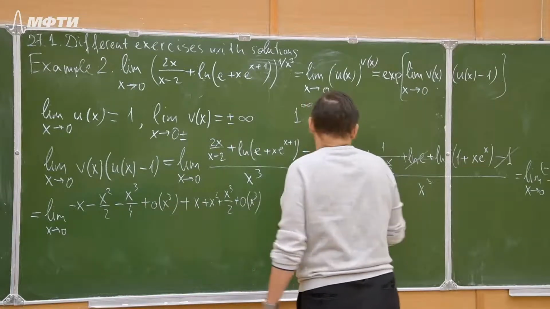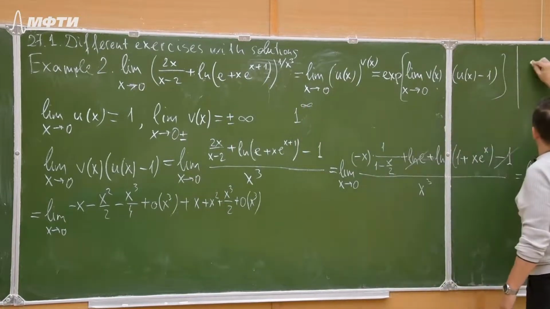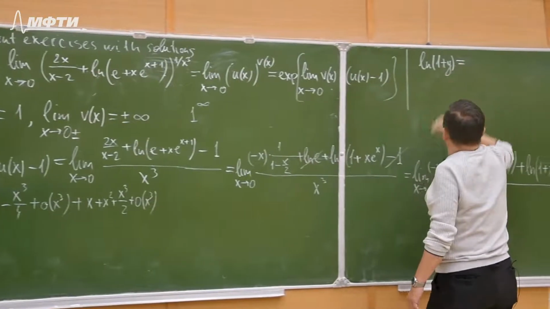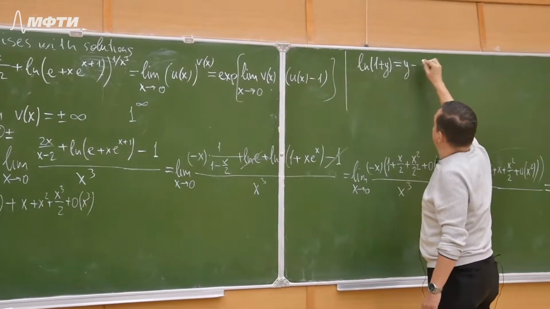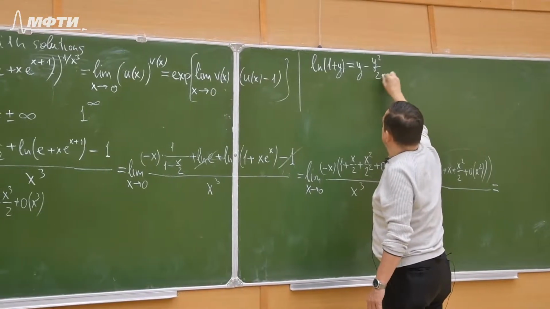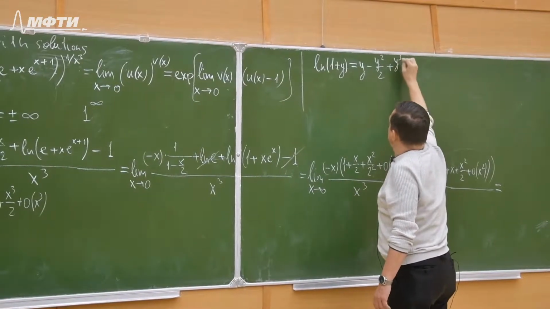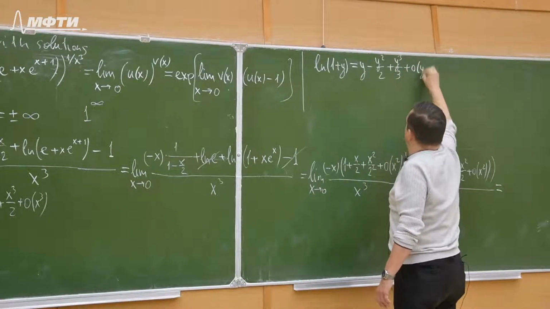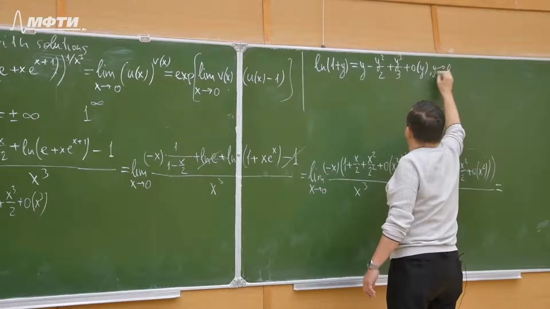Maybe I should have it somewhere for convenience. That is y minus y squared over 2 plus y cubed over 3 plus little o of y, as y tends to 0.